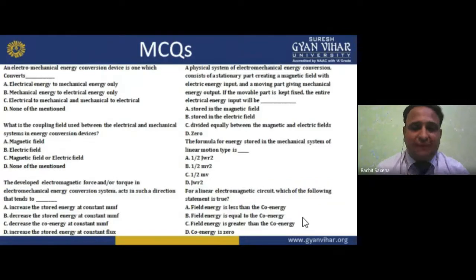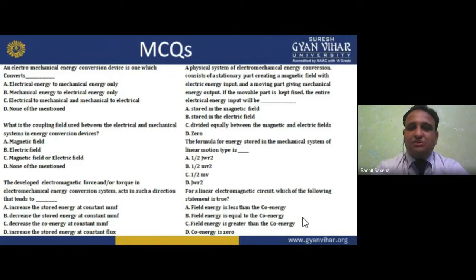Now these are some MCQs for you. An electromagnetic energy conversion device is one which converts, as I already told you. What is the coupling field used between the electrical and mechanical system in energy conversion devices? Magnetic system. The developed electromagnetic force or torque in an electromagnetic conversion system acts in such a direction as to increase.